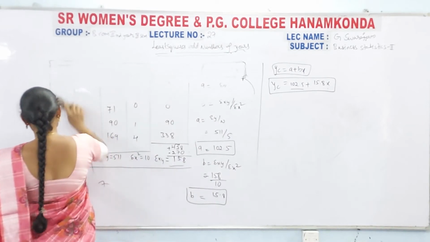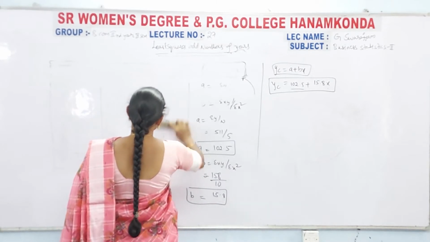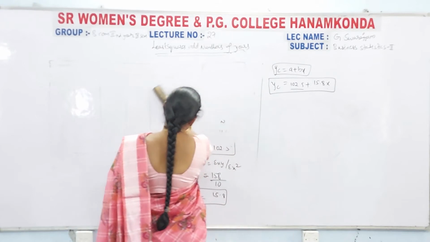So here the 5 years are given, the x values are the same: 0, -1, +1, +2, -2.